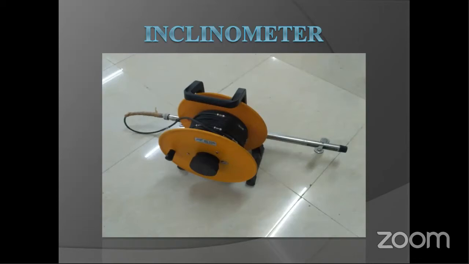In the middle portion, there is an accelerometer sensor. With the help of that and the data we are getting, we calculate the deflections. On the lower side we have a black cap, that is for the battery and all. It is very user friendly, because it can be easily operated from any Android mobile.